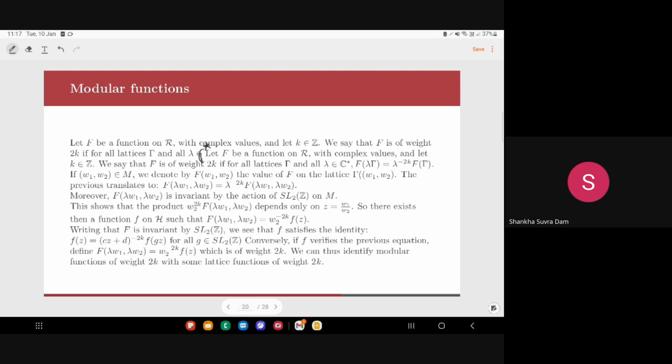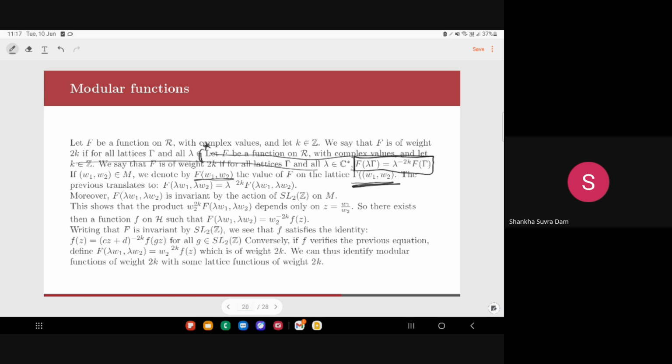Okay, so there's a printing mistake over here. This is the same line repeated again. We have that this thing happens. So if W1, W2 is in M, we denote by this the value of F on the lattice generated by W1 and W2.